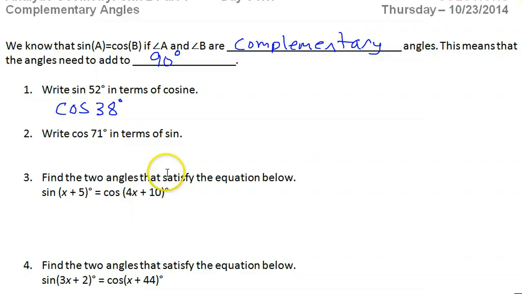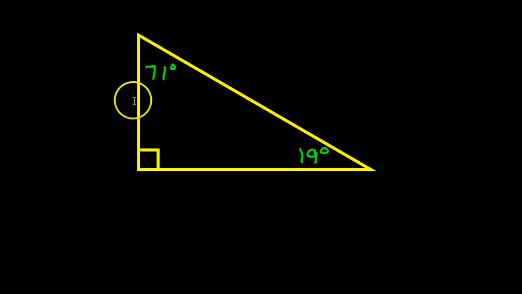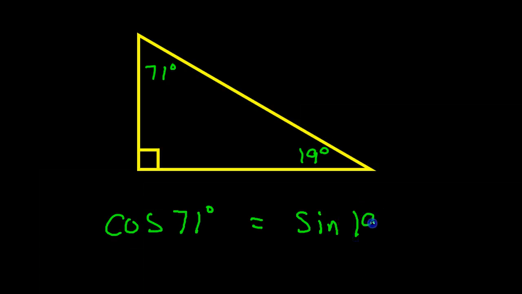Okay, so we're supposed to do cosine of 71. So the cosine of 71 degrees should equal the sine of 19 degrees. All right, the cosine of one angle should equal the sine of the complementary angle. So there it is.